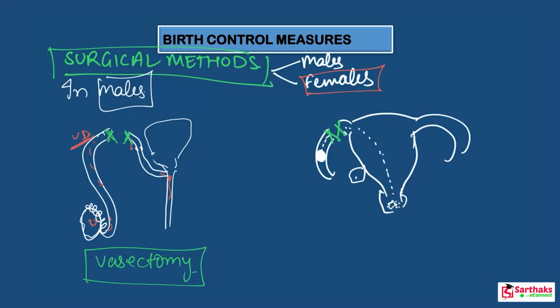This prevents the ova from entering the oviducts. This surgical procedure is known as tubectomy. Got it? So this is how you can control pregnancy in women.